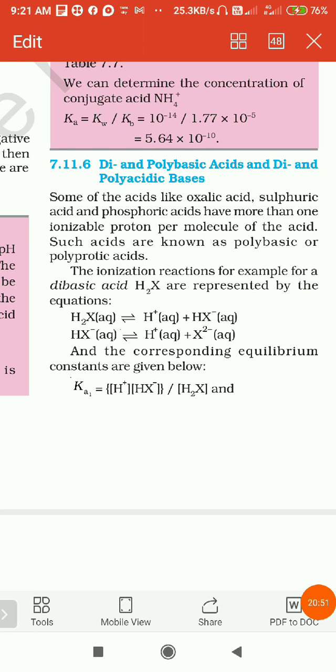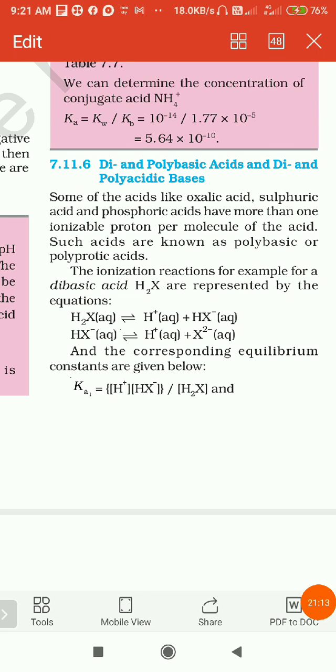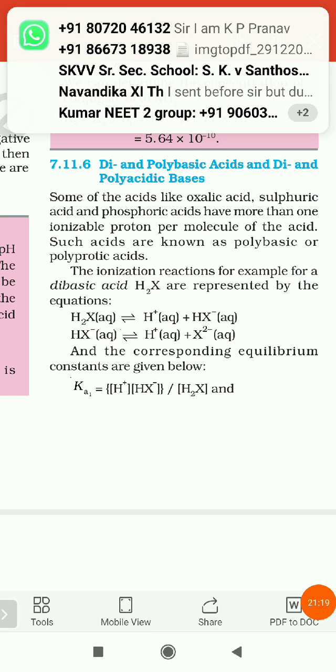That is the oxalic acid formula. In oxalic acid, how many protons are present? Two protons are present there.